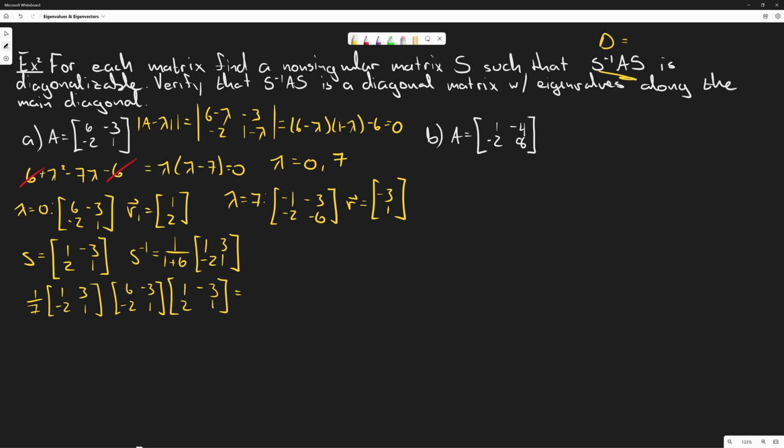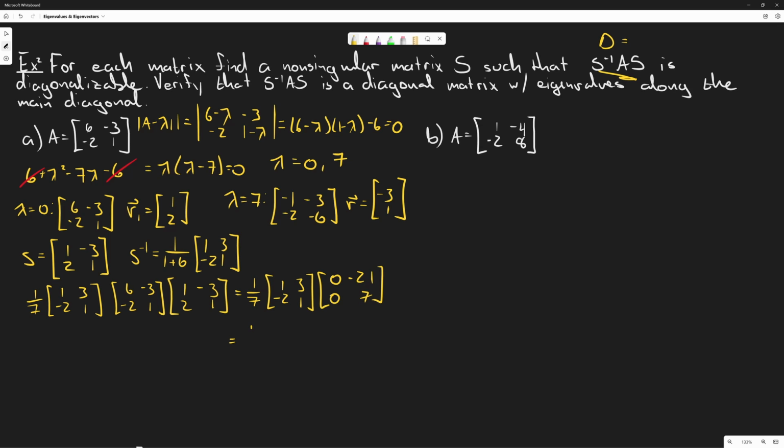And so the first matrix will remain unchanged, 3, 1. Then when we multiply, we have 6 times -6, which gives us 0. And the other one will give you -18 minus 3, -21. Then we have -2 plus 2, which is 0, and -2 times -3 is 6, plus 1 is 7.